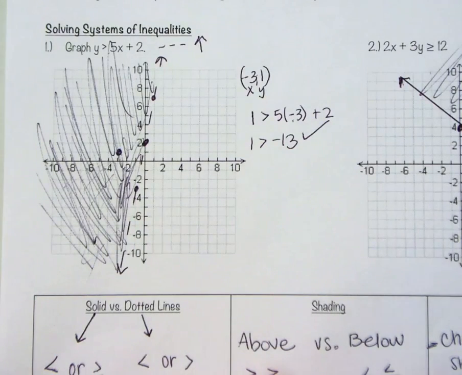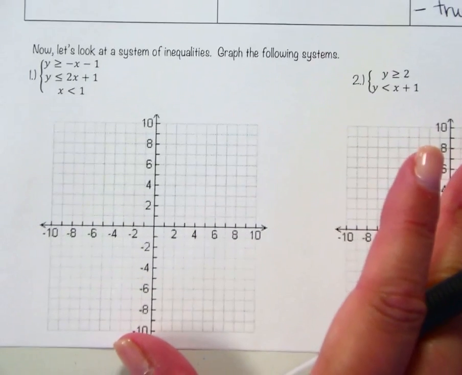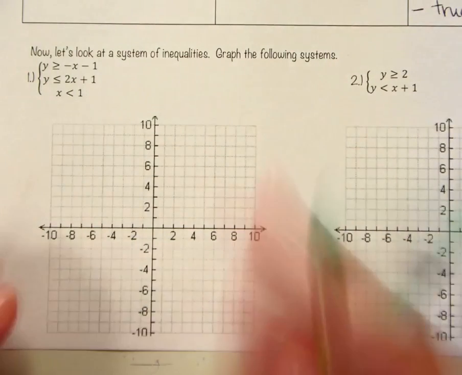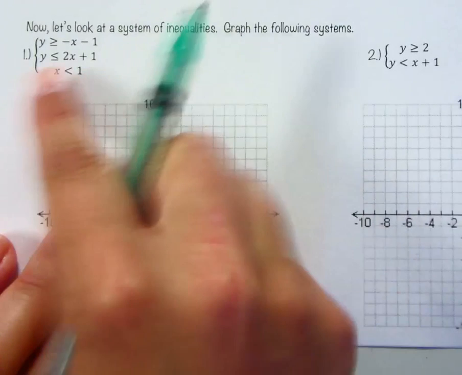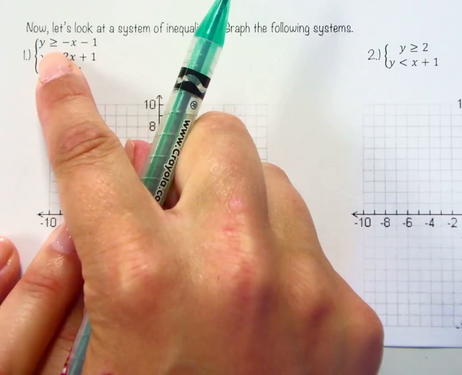All right, let's get in now to our system of inequalities. Here's where you might want some colored pencils. So let's look at the first inequality. Ladies and gentlemen, is this solid or dotted?